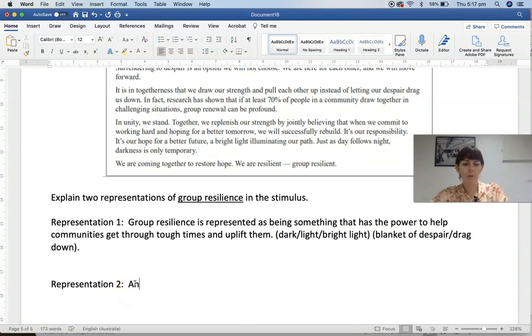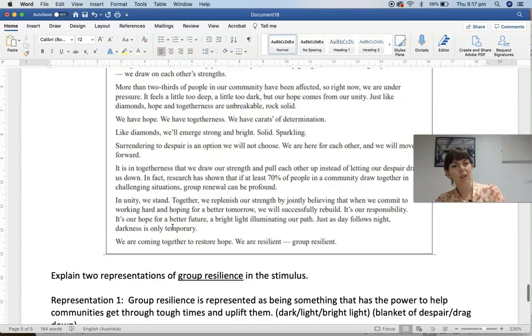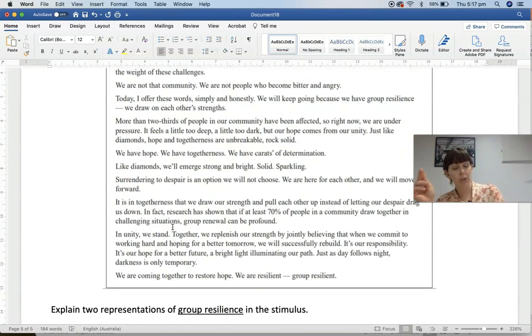Here we go. We need another one. Another point of view, I might say, about group resilience in the stimulus is, the speaker mentions precious resources a few times. Did you notice that?